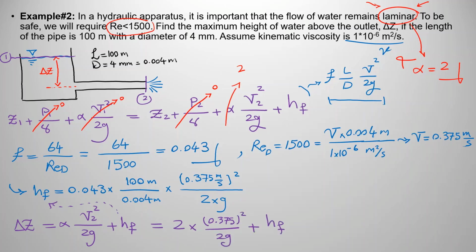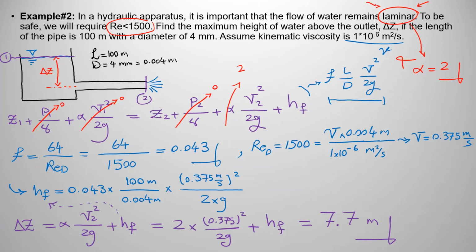And if you calculate this, delta Z would be equal to 7.7 meters. All right, so this is the maximum delta Z that results in a Reynolds number of 1,500. So if you want to have a Reynolds number equal to 1,500, delta Z should be less than or equal to 7.7 meters to maintain a laminar flow.